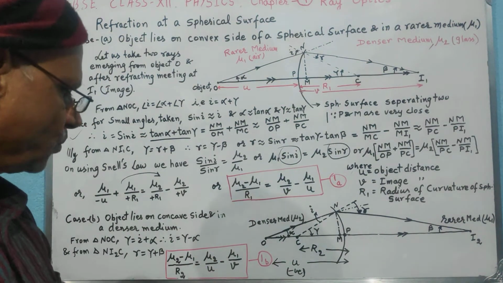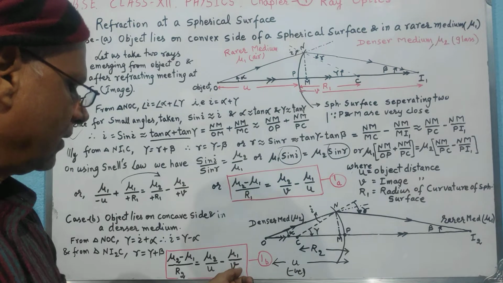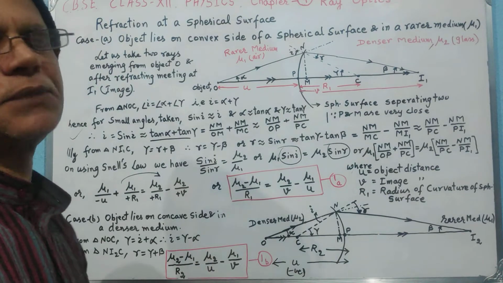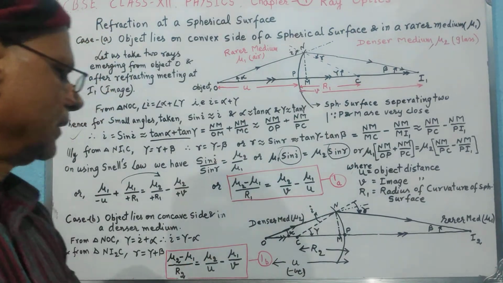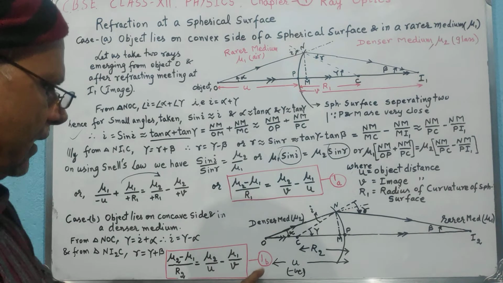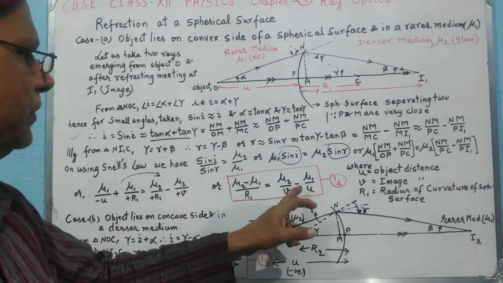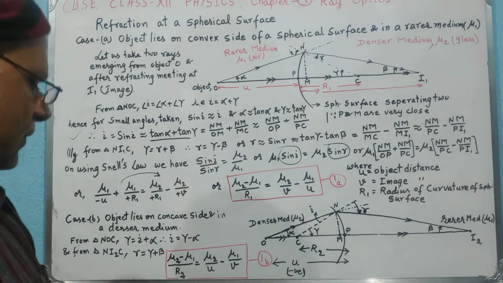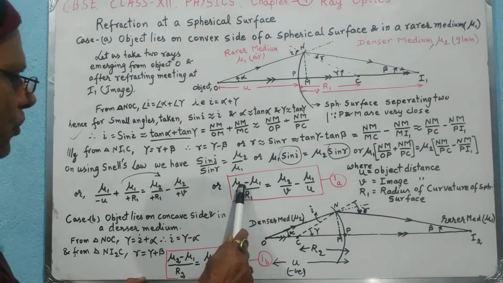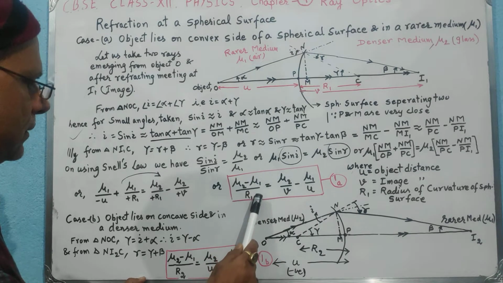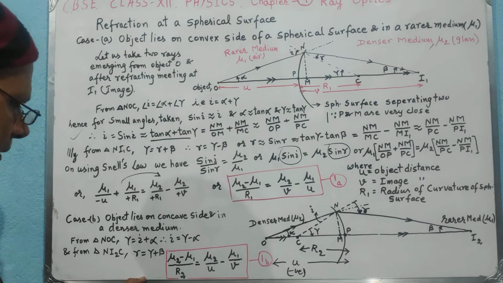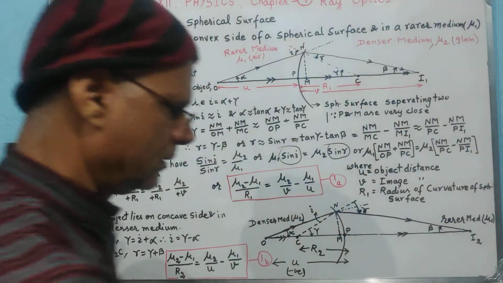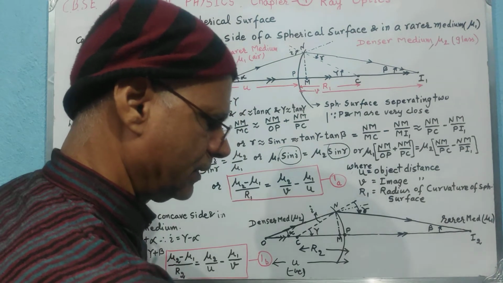One thing we can also practice to keep these expressions in our memory is that to obtain equation 1b, we simply exchange mu1 with mu2. You see here mu2 minus mu1 by r.